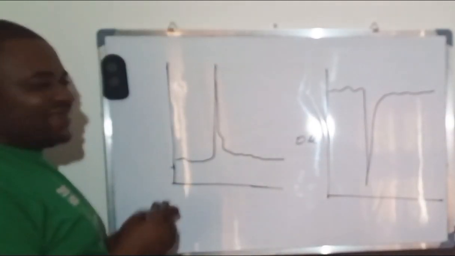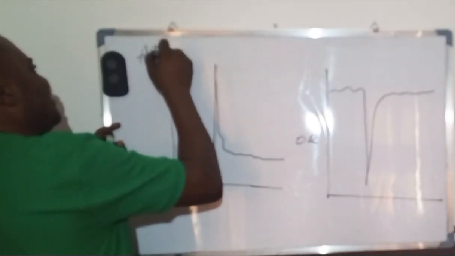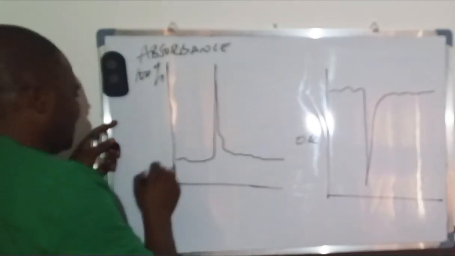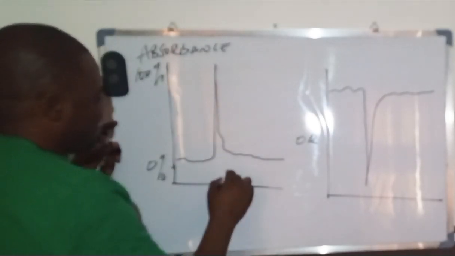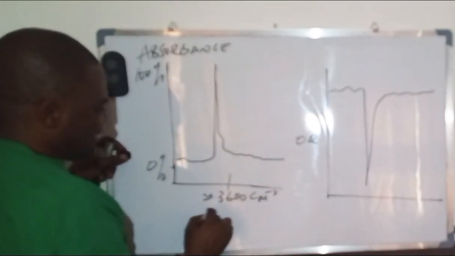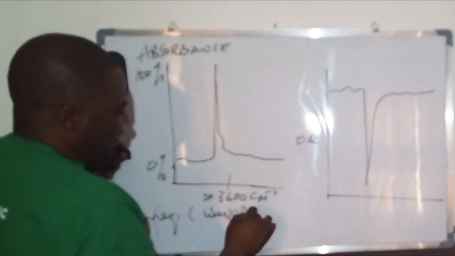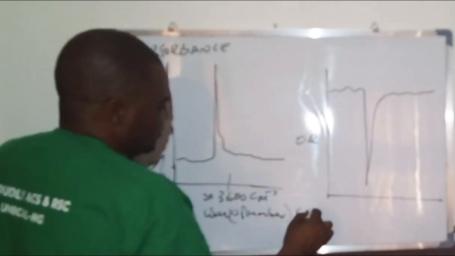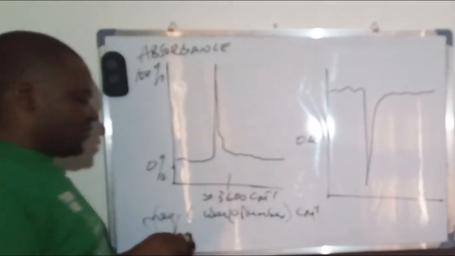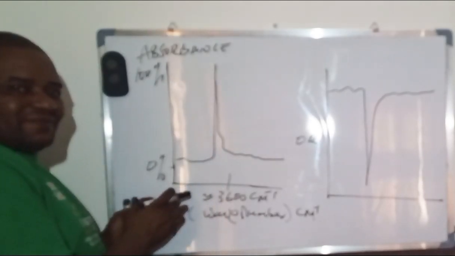If they show in this form, this is actually absorbance, 100% absorbance and 0% absorbance. And this, let's say, is approximately 3600 cm. This is your frequency or wave number, measured in per cm. This is the way you get this information. Now this is the absorbance IR spectrum.